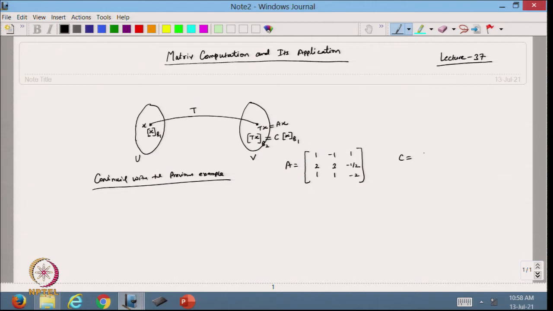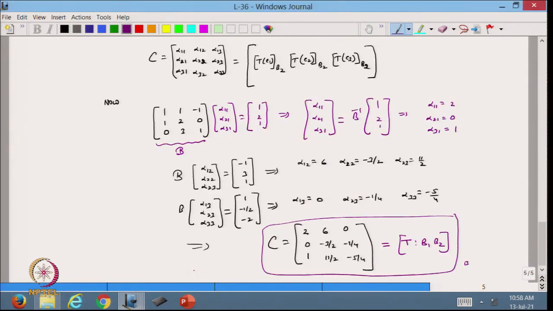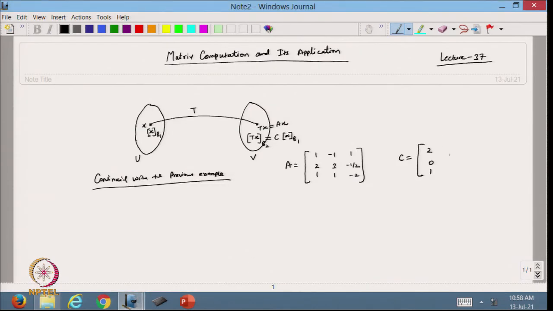And I got matrix C: 2, 0, 1; 6, minus 3 by 2, 11 by 2; 0, minus 1 by 4, and minus 5 by 4. So this is my new matrix corresponding to the new basis. I can write this as T with basis B1, B2.